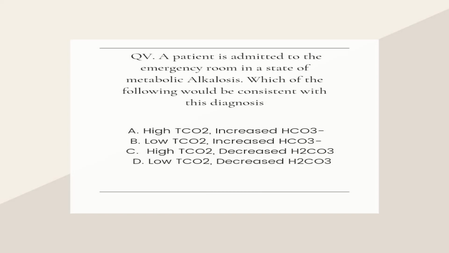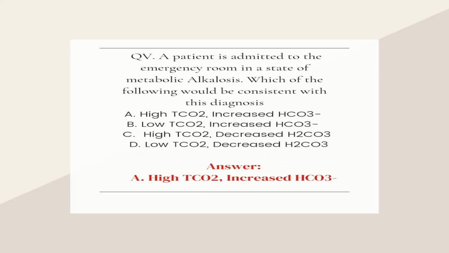The best option is A. High total carbon dioxide with increased bicarbonate ion. Because the patient was admitted in a state of metabolic alkalosis, that is consistent with increased bicarbonate ion, and also high total carbon dioxide because of lung compensation.